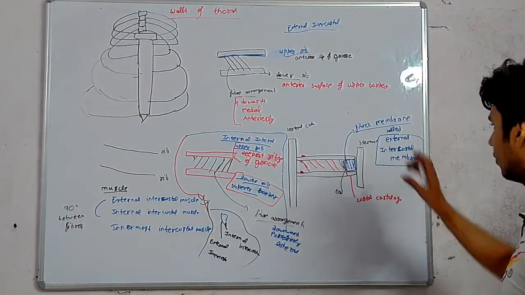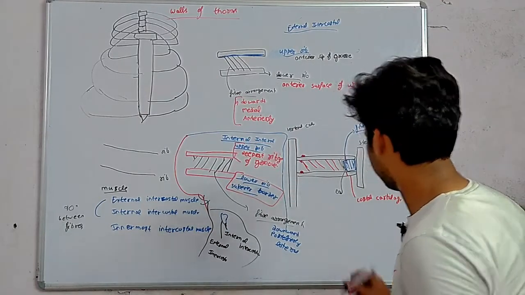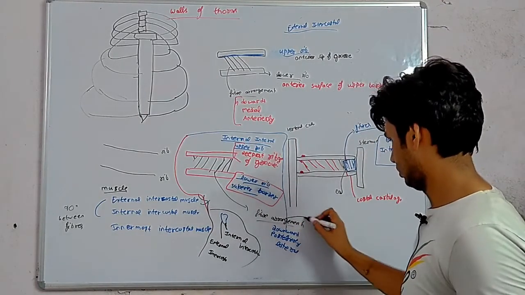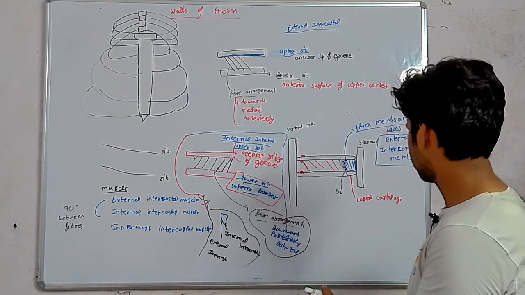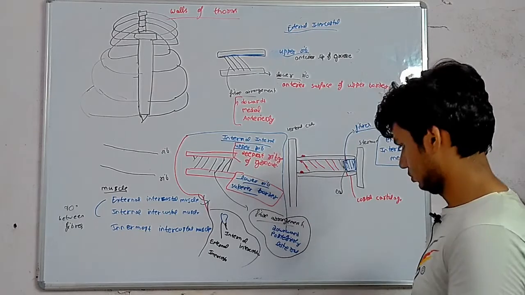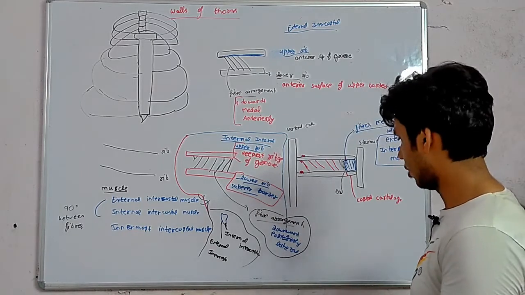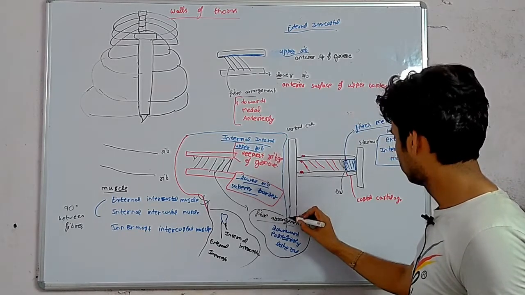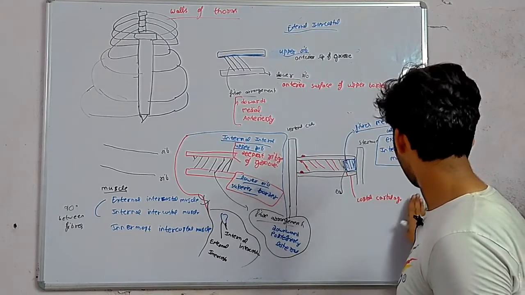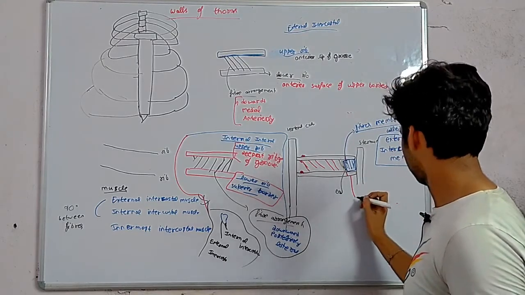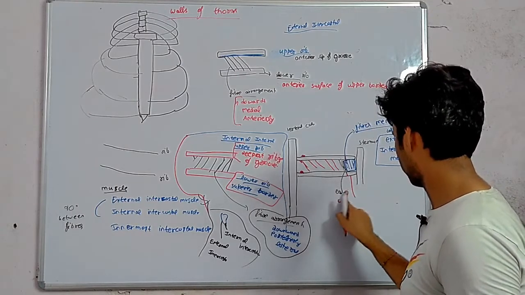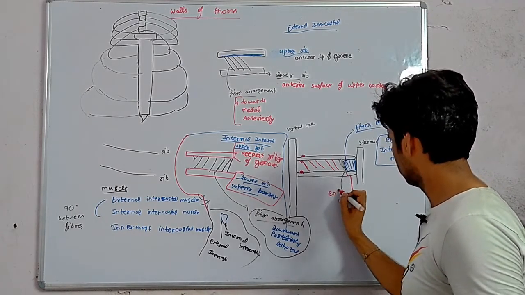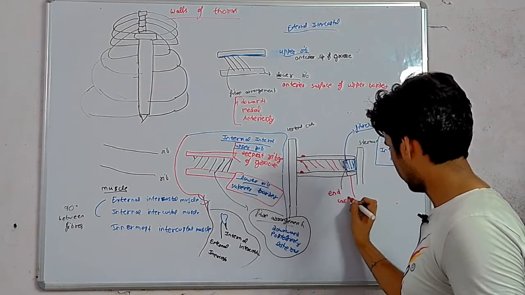Now come to the arrangement. Fibers, this is important. Done. Now continue this to the vertebral column again. Downward, and the cartilage is small, cartilage.